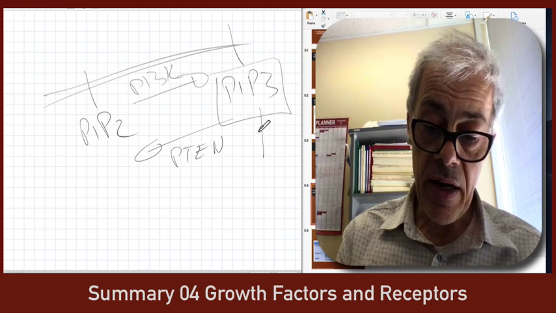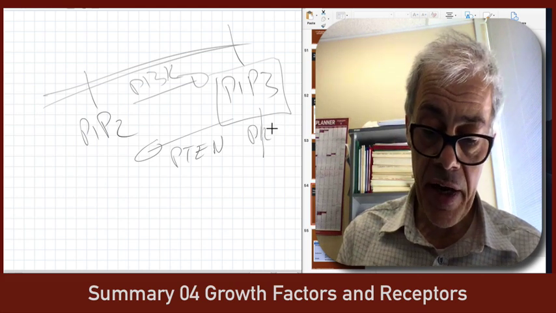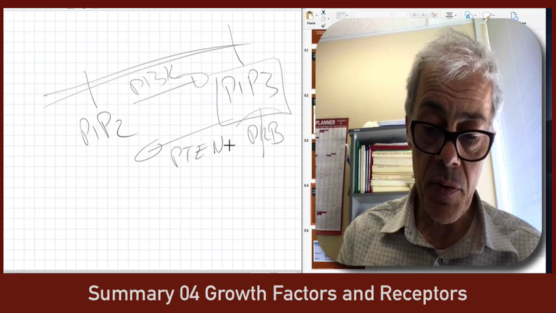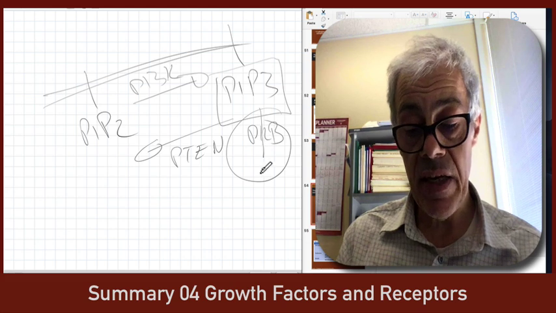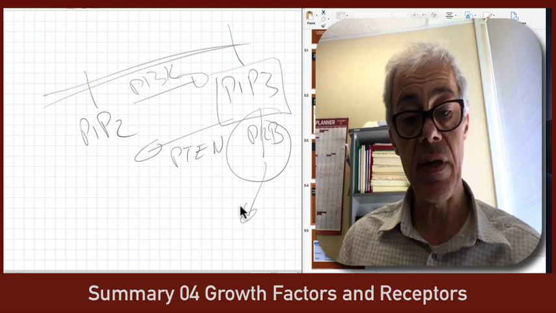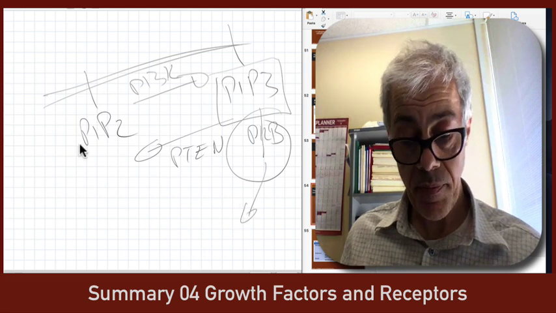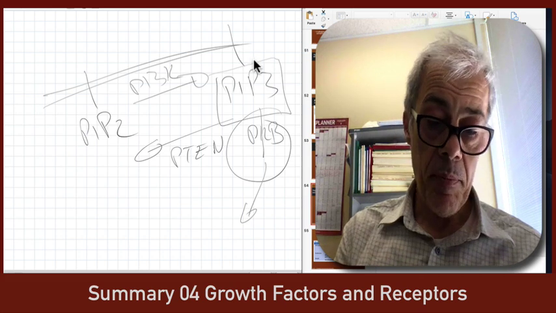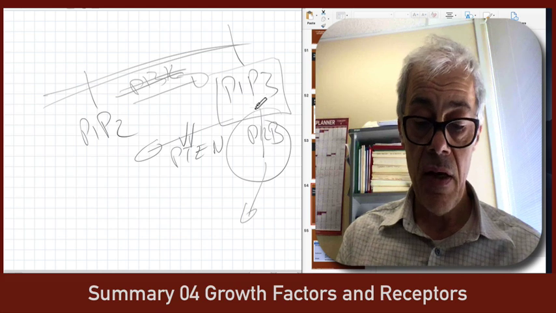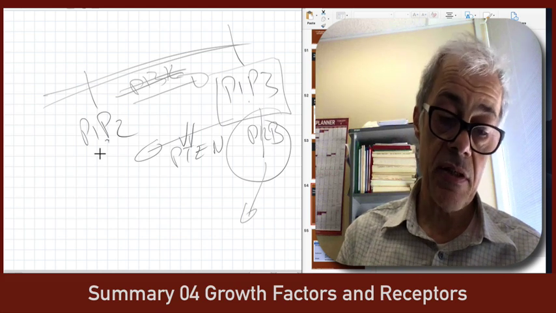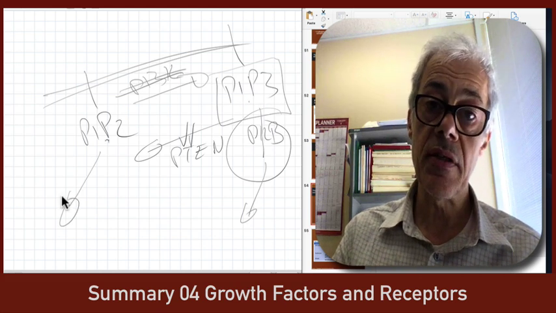When protein kinase B binds to the inositol ring, it becomes activated, and then it can phosphorylate lots of things. If this is not active and this is active, then this is converted to this, and a different set of pathways is active.